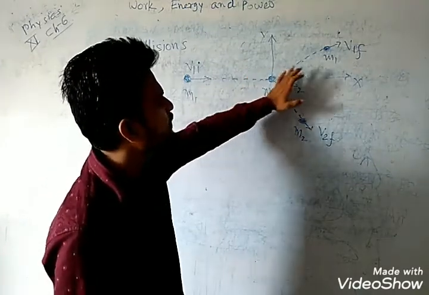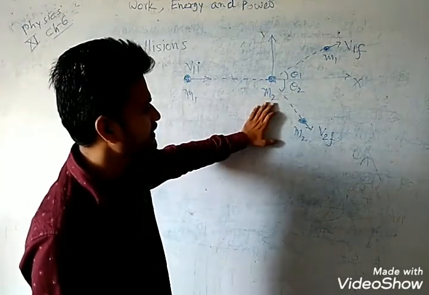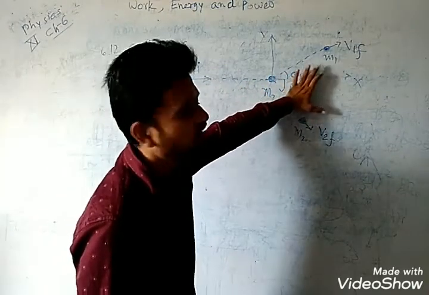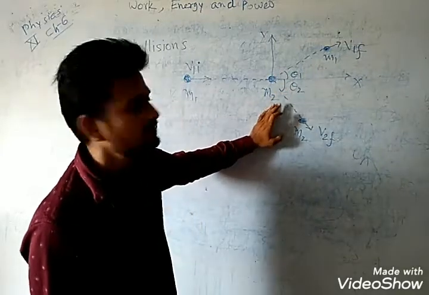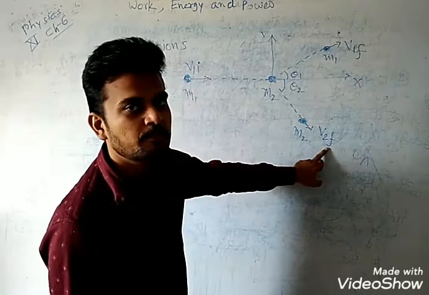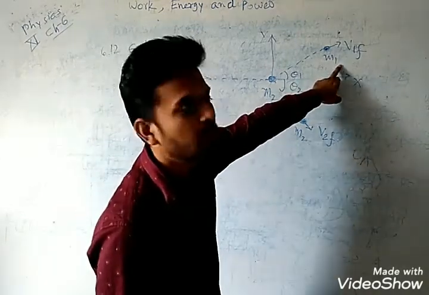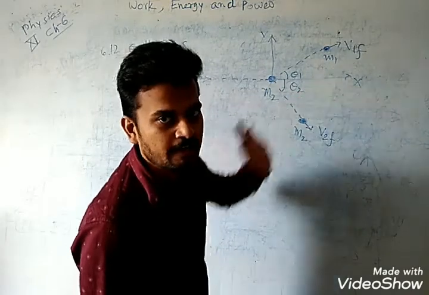After collision, these two objects move in different directions. This is the final speed of m2 and the final speed of m1.